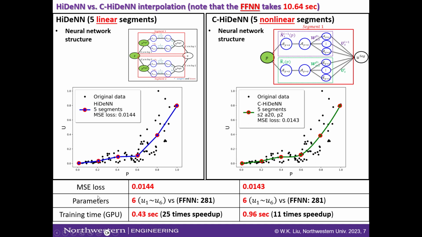So if you compare the performance, the number of parameters are the same, 6 and 6, right? We are actually trying to find out these nodal values for these 6 points. But our interpolation scheme is different. With C-HiDeNN, with this third hidden layer, we are able to achieve this higher order continuity or nonlinear interpolation.